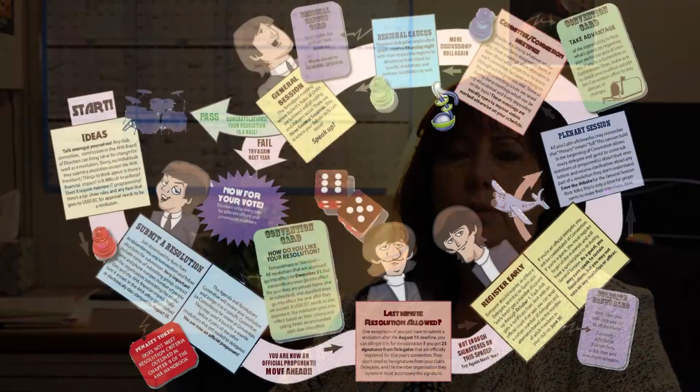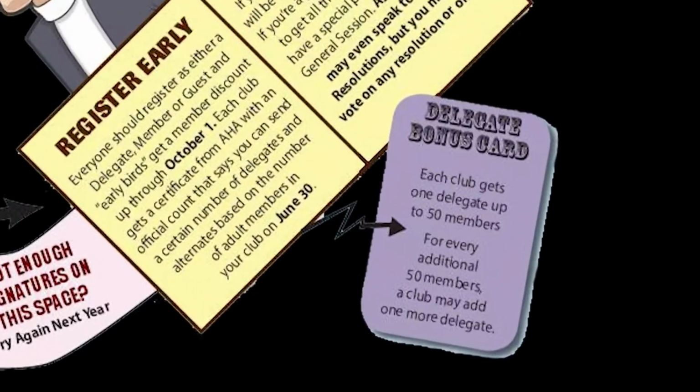In order for an individual to actually vote upon a resolution, you need to be a part of a member organization. And you must have joined that club prior to the June 30th cutoff date. And now the delegate process has changed.